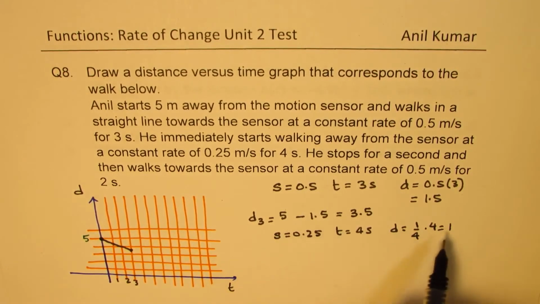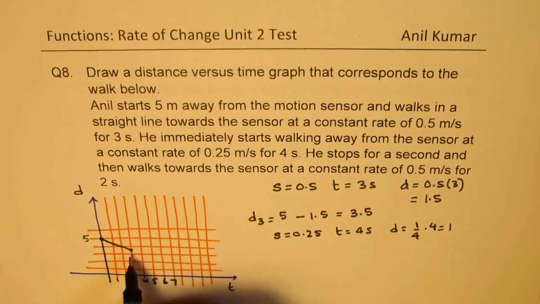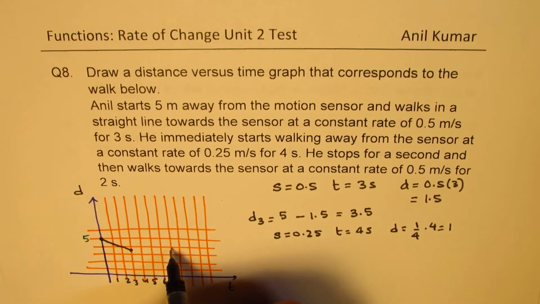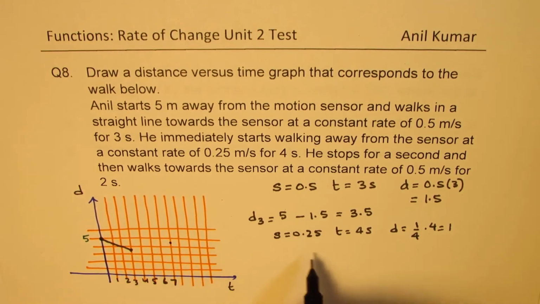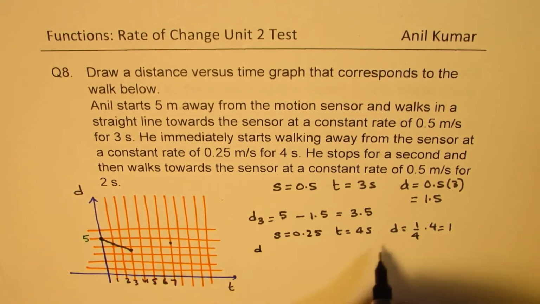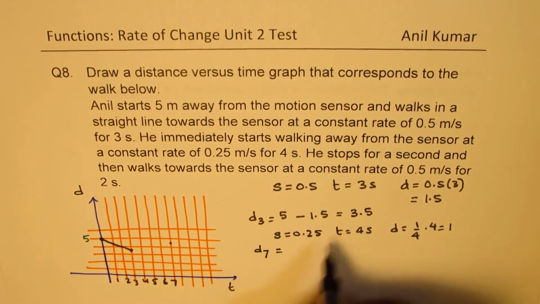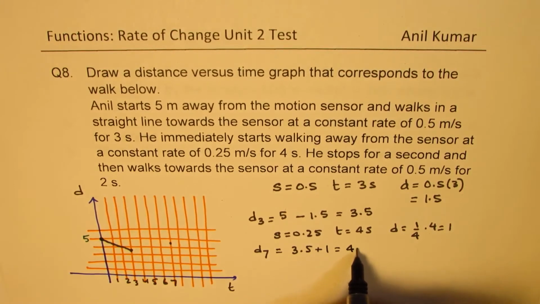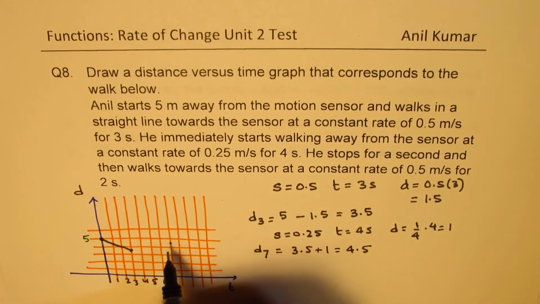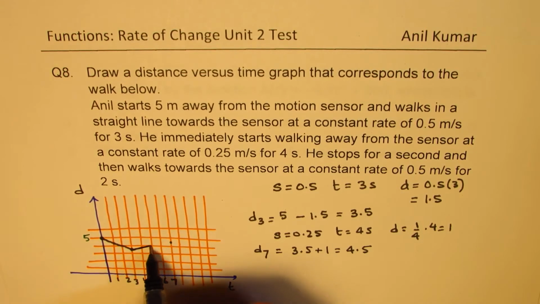So from 3, 4, 5, 6, 7, he covers 1 unit, right? So after 7 seconds he covers 1 unit. So now the distance after 4 seconds, earlier 3.5, we'll add 1, so we get 4.5. So that becomes the position.